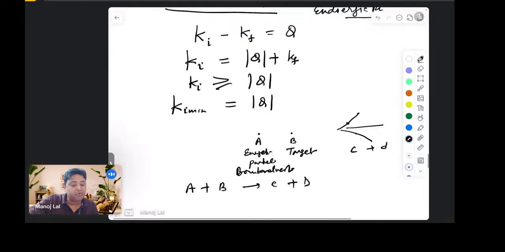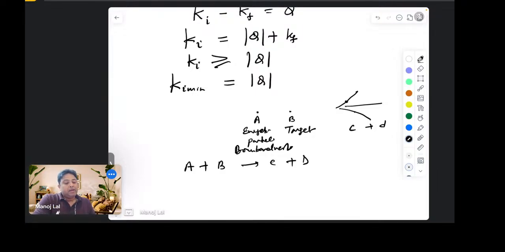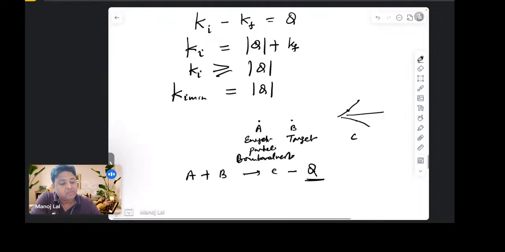If I am writing this as a fusion reaction, or let me write only C if they fuse together, so A plus B goes to C plus some energy, and that energy is minus Q. In terms of its value, minus Q, this is what we have written here: K initial minus K final. What is Q?